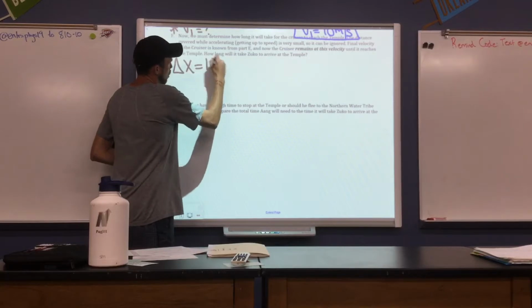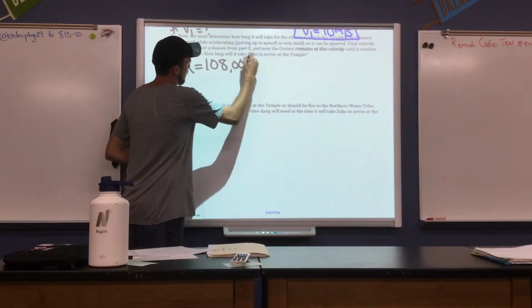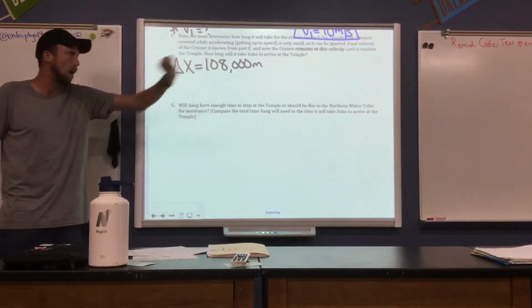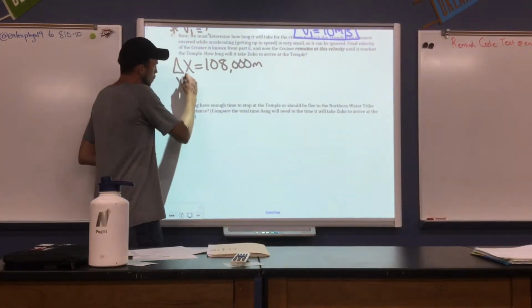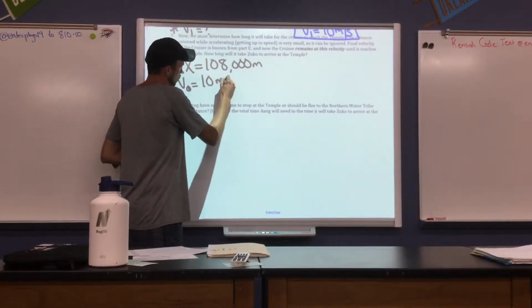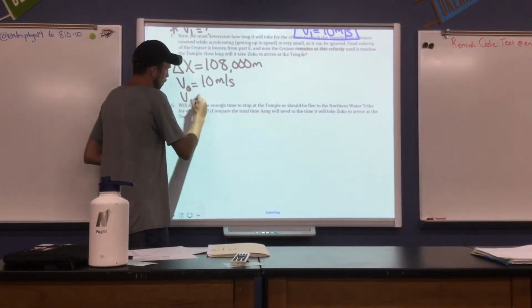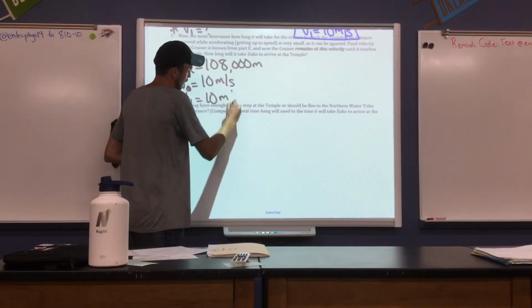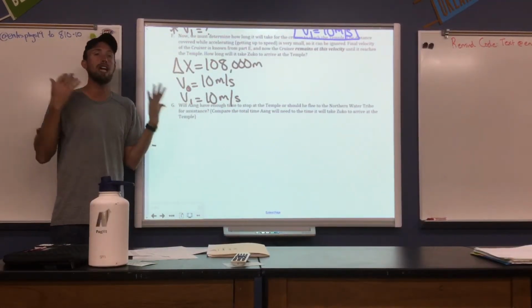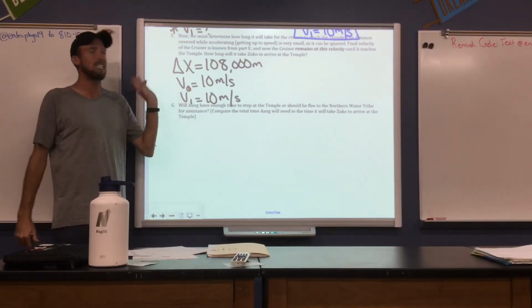Now, we're looking at Zuko traveling the entire displacement from his starting location out to the temple. We're now going to assume he is at 10 meters per second, and he will remain the entire journey at 10 meters per second.